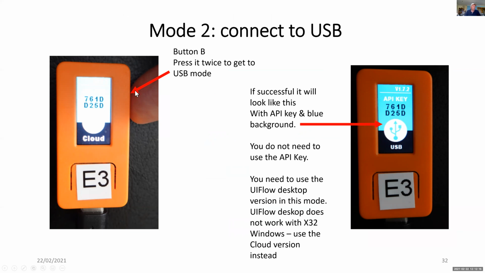So if you press button B twice, you'll get a picture as shown on the right, and that will have a USB icon on it. Now this program will not work with a Windows 32-bit version.